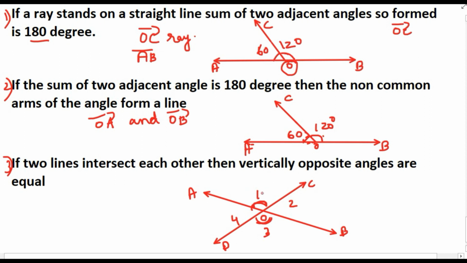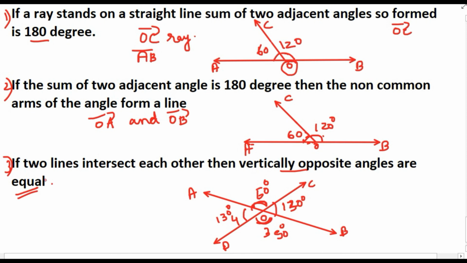For example, if the measure of AOC is 50 degrees, BOD will also be 50 degrees. And since this forms a linear pair, you can write this as 130 degrees, and AOD will also be 130 degrees. So we have learned that when two lines intersect each other, vertically opposite angles are equal in measure.